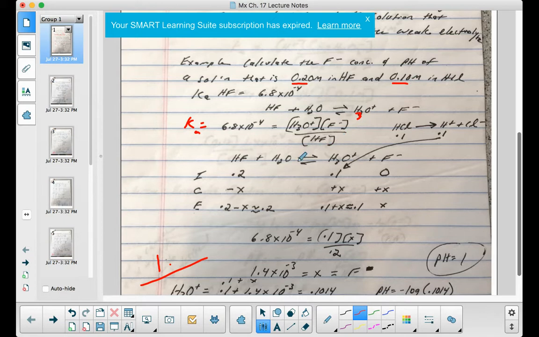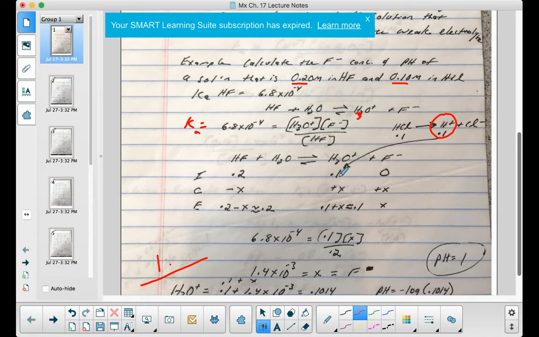So here's what it would look like in the ICE table. I have the 0.2 of this. I have none of the F, and in a problem like this that we did in the last chapter, chapter 16, we would have also called this 0. But now that we've added the hydrochloric acid to it, and that's a strong electrolyte, I'm going to have plenty of this hydrogen ion that's going to have an impact on the way the equilibrium establishes itself.